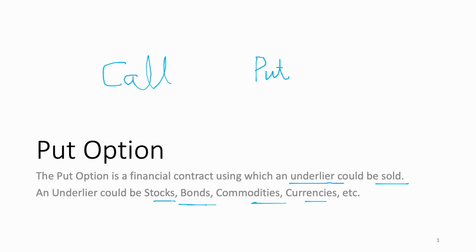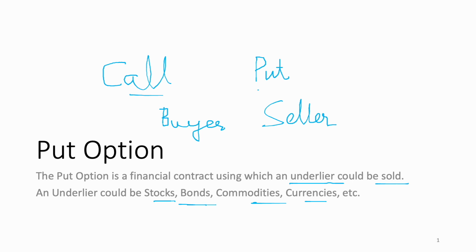So in any options trade, we will have a buyer and we will have a seller. Either if it's a call option or a put option, I will either buy a call option. When I'm trying to buy a call option, I have to find a seller who will be ready to sell the call option.